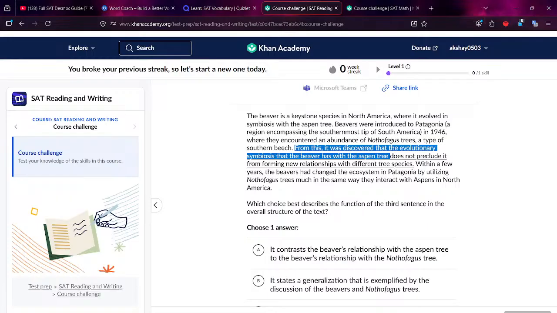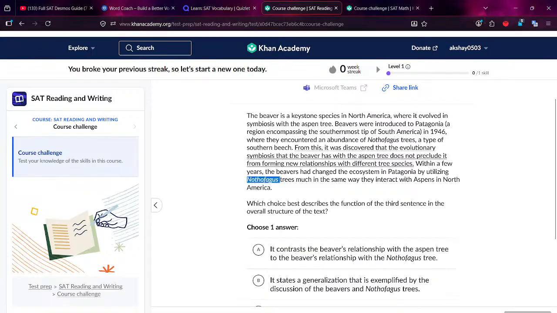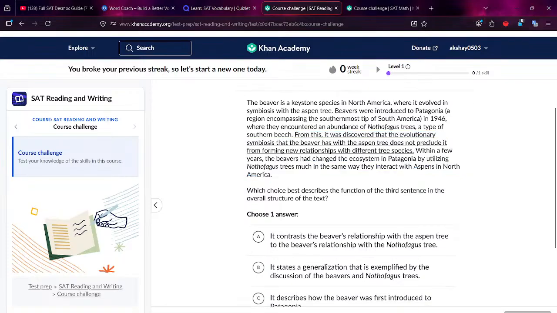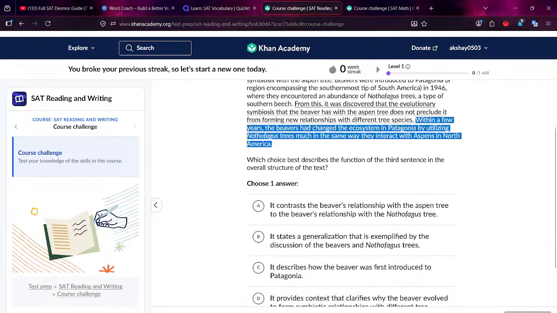So the beavers change the ecosystem by utilizing Nothofagus trees in the same way they interact with aspens. What choice describes the function? So it kind of gives context for the last sentence.